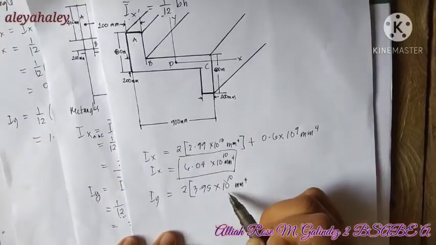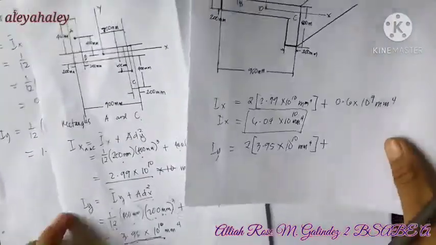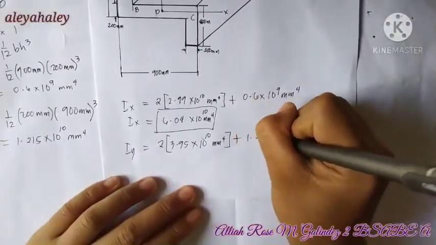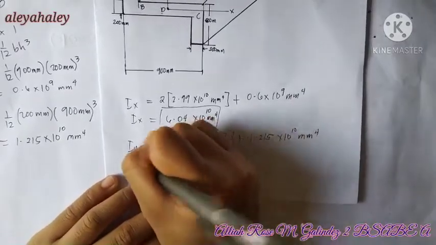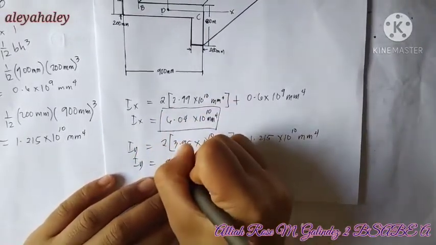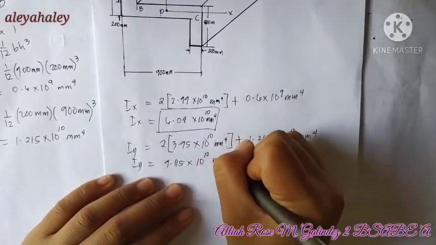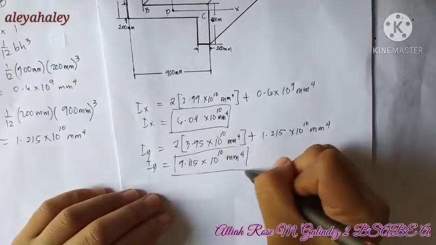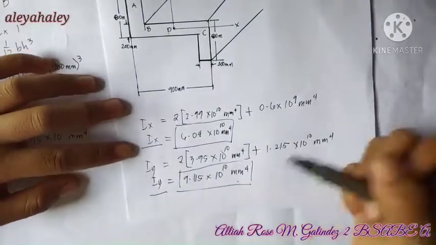Sorry, I forgot. 2 times 3.95 times 10 raised to the power of 10 millimeter to the fourth, plus the Iy for the rectangle B, 1.215 times 10 raised to the power of 10 millimeter to the fourth. And now we have this result, 9.115 times 10 raised to the power of 10 millimeter to the fourth. So we have this final answer for Ix and Iy.